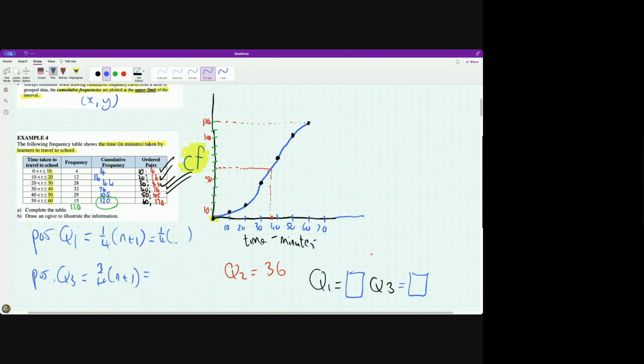What have we got? 121. So that's 30.25. And that.